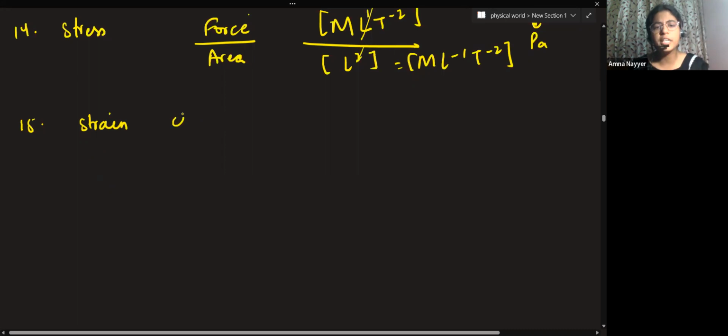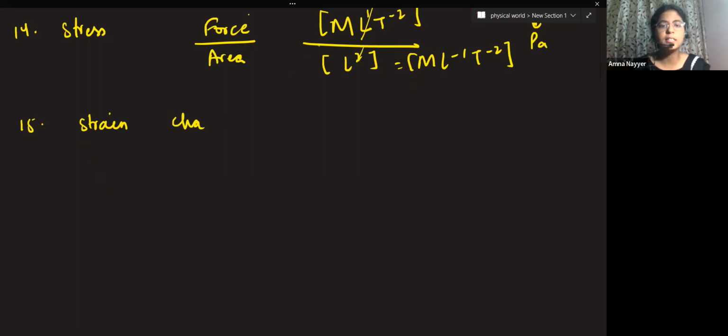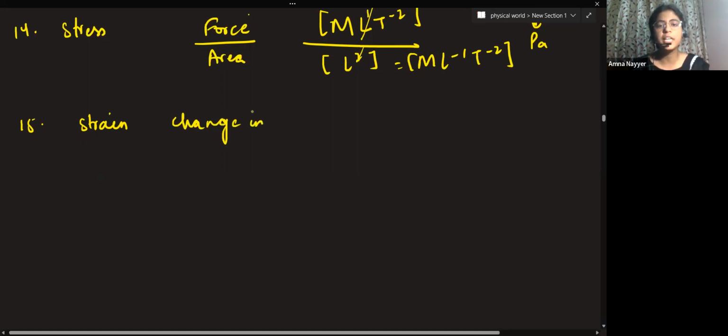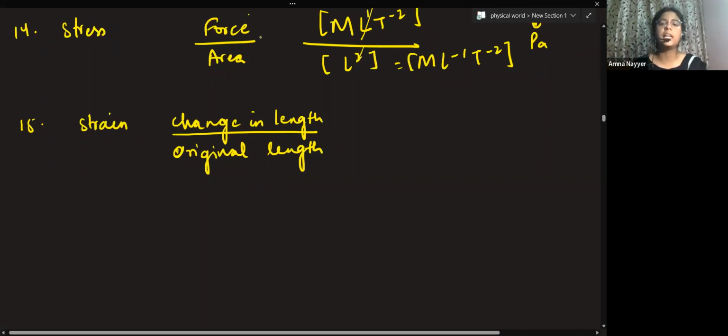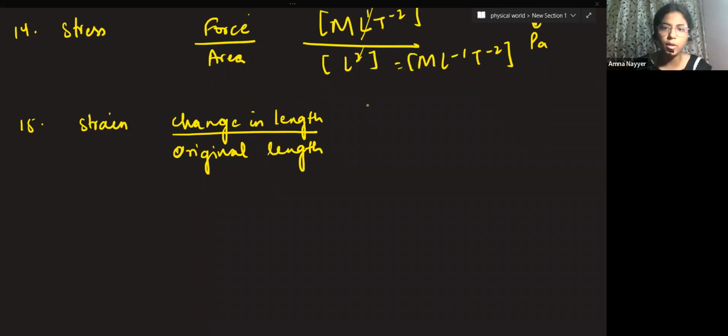For example, change in length divided by the original length that you have.